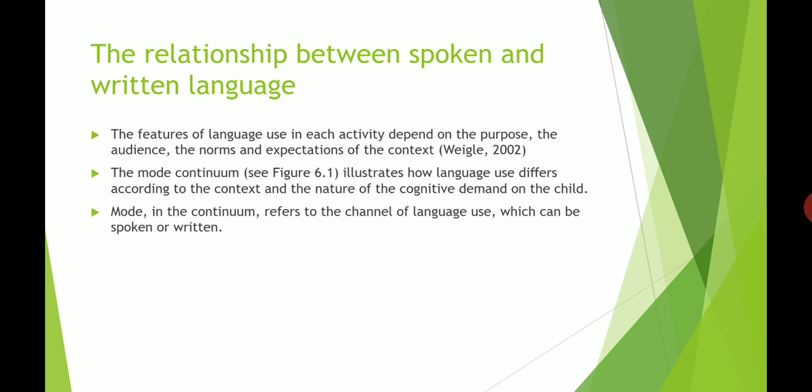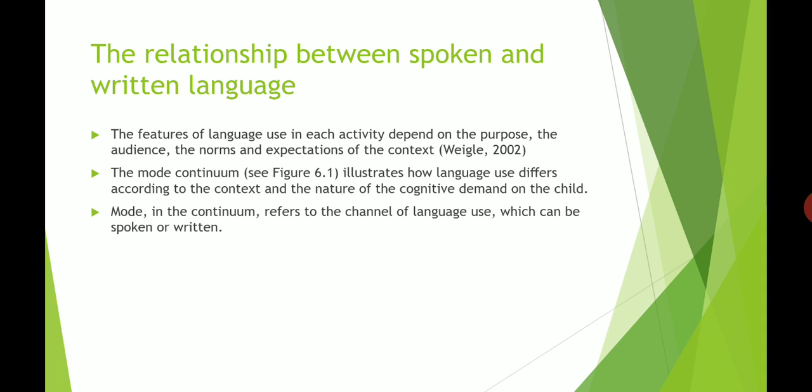The relationship between spoken and written language. As we know, there are two kinds of language: oral or spoken, and written language. The features of language used in each activity depend on the purpose, the audience, and the norms and expectations of the context. This is the basic theory of language written by Weikel 2002.